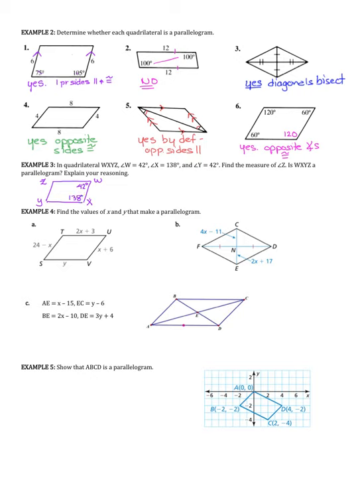And Y is also 42. And that means that out of 360, this would have to be 138. So this one we came up with what's left out of 360. Find the measure of angle Z. So we know that angle Z is 138 degrees. Is WXYZ a parallelogram? Yes, it is, because opposite angles are congruent.